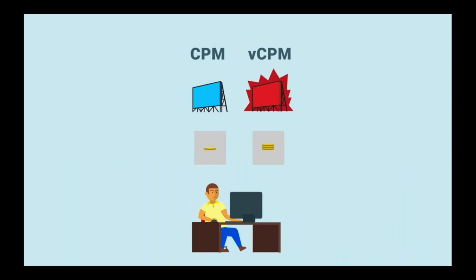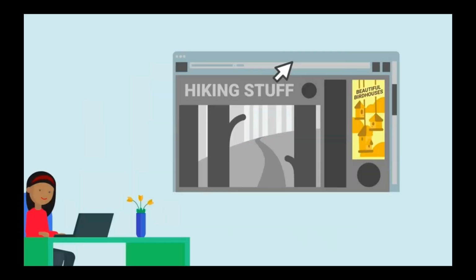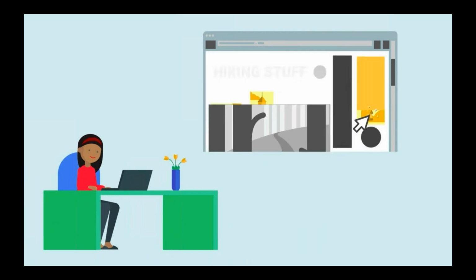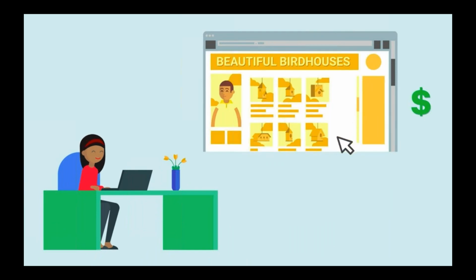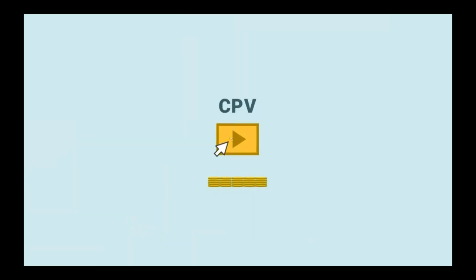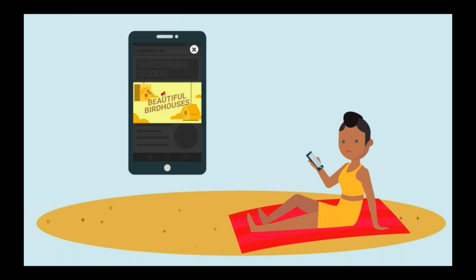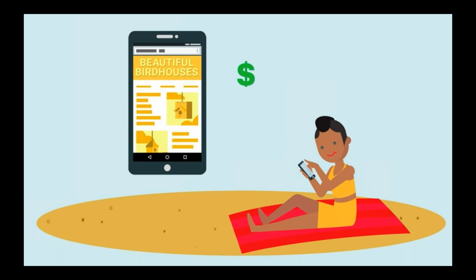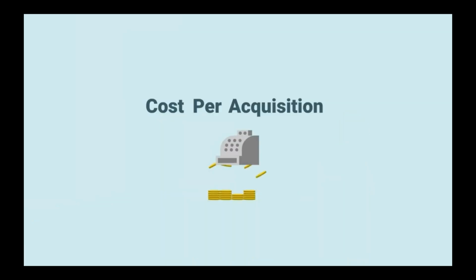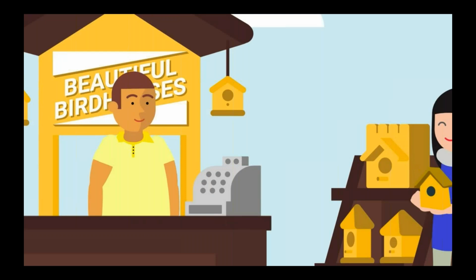Making a CPM viewable increases the likelihood customers will see your ads, but costs you a little more. Now let's say your goal is to get people into your online store or to view your website. The CPC, or cost per click model, may be for you. Whenever a person clicks your ad, you pay the publisher a certain rate. A CPV, or cost per view, works the same, except the ad itself is a video, and you only pay if someone watches your video or clicks around. Then there's the cost per acquisition, or CPA model.